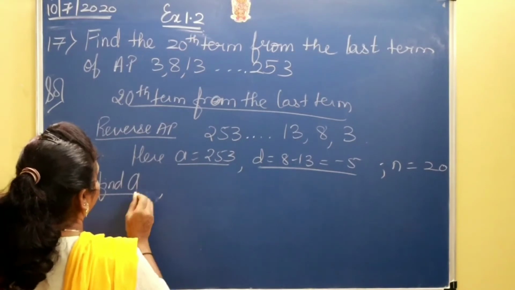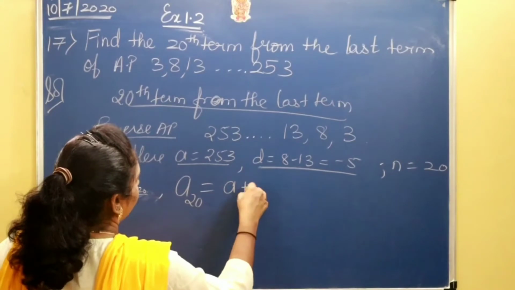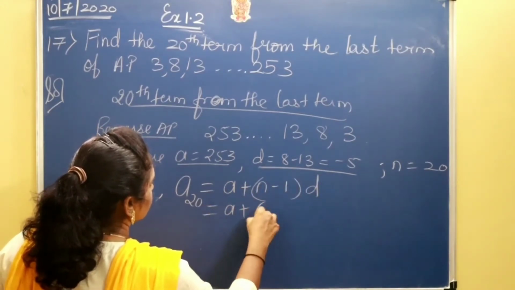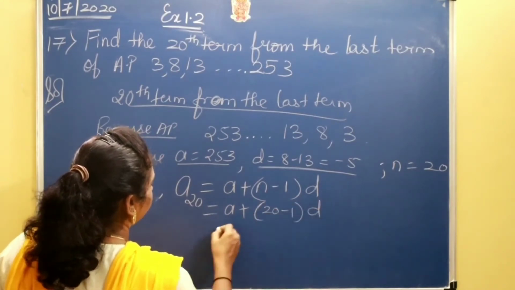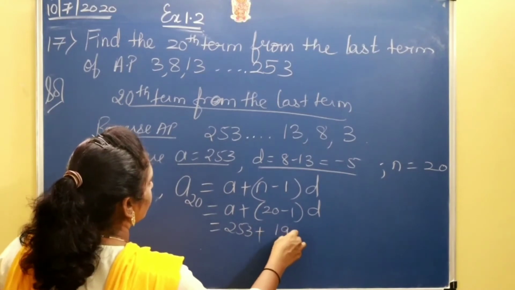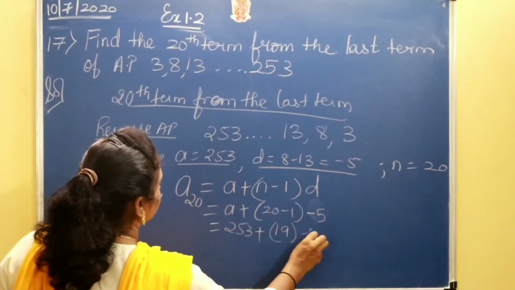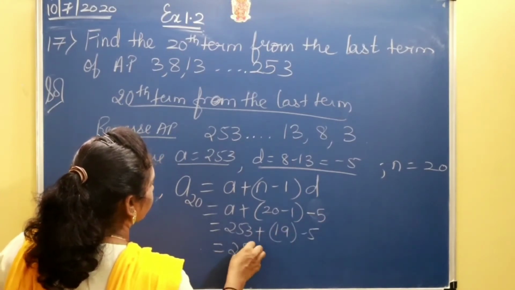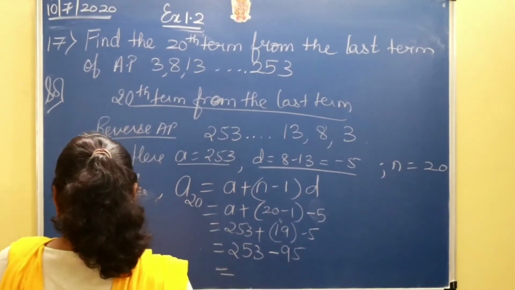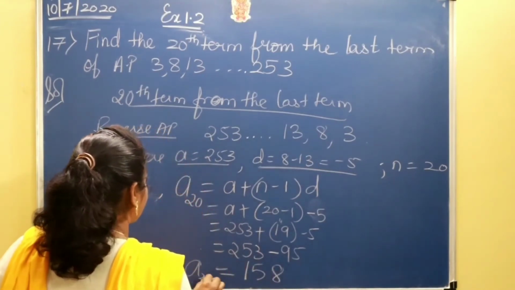What you have to do to find a20? a20 equal to a plus n minus 1 into d, a plus 20 minus 1 into d. a is 253 plus 19 into your d, which is minus 5. 19 into minus 5 will give you minus 95. 253 minus 95 will give you 158.